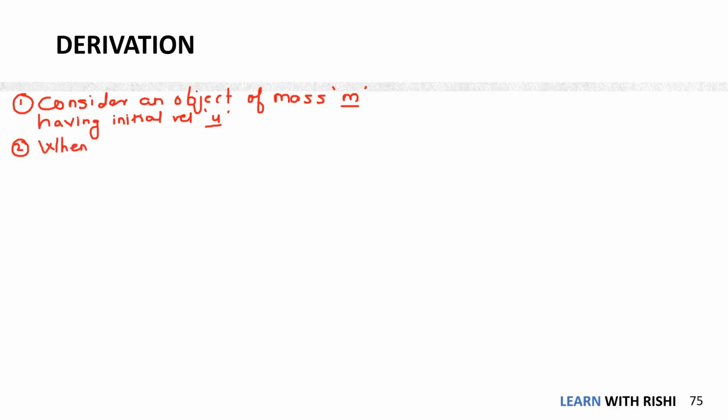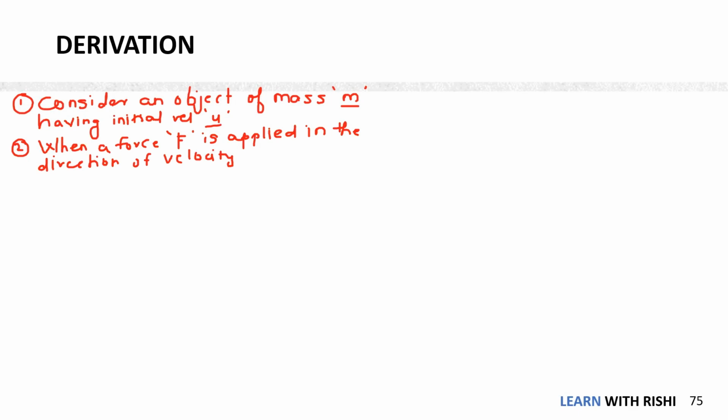now I'm applying a force to that object. When a force F is applied in the direction of the velocity, then what happens? There is change in velocity and the object moves.